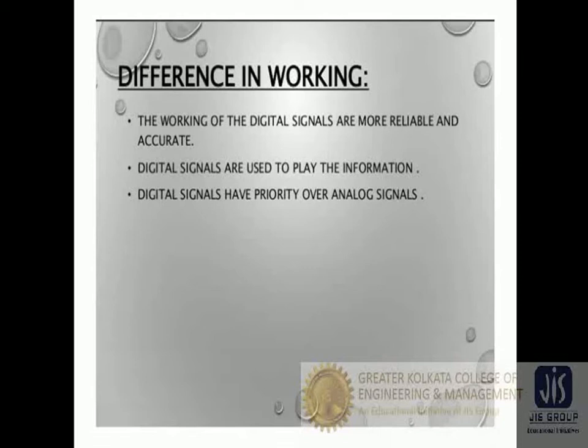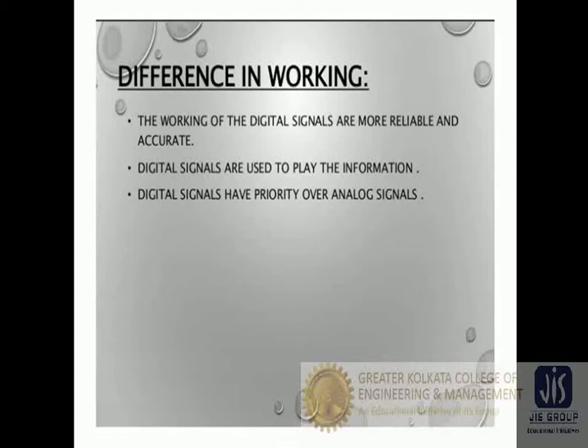It is more accurate compared to analog signals. Digital signals are used to store information. That means we can store more information in digital form than in analog form. Digitized information can be stored, but analog is costlier and more cumbersome than the digital one. The digital one is very easy to store and process.